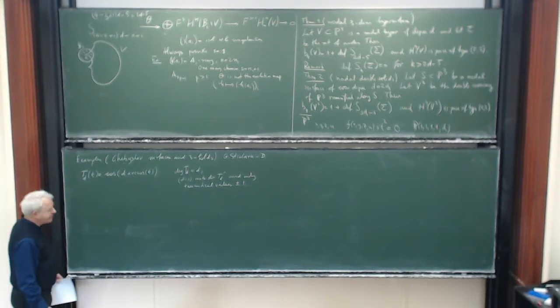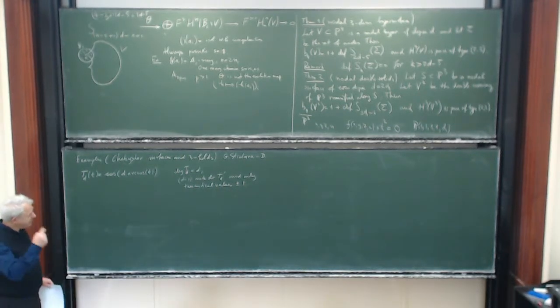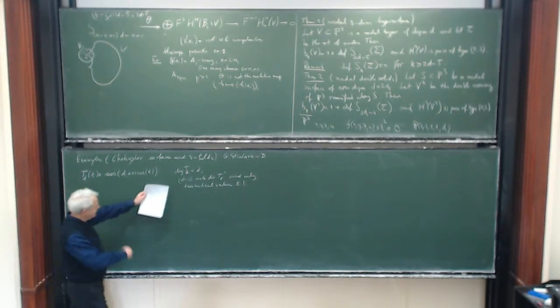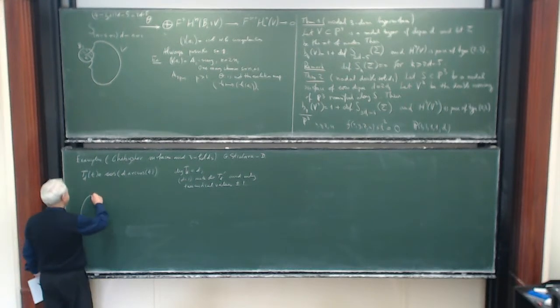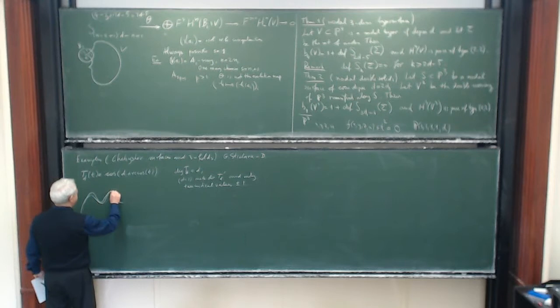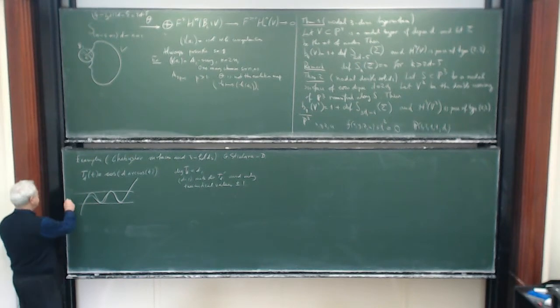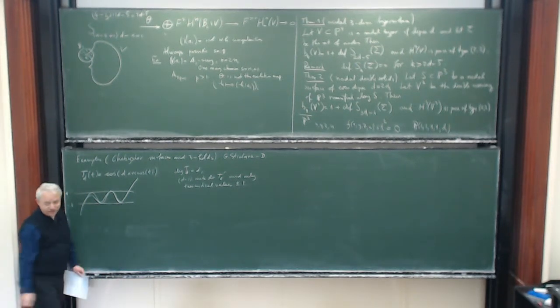So if you like, you can consider this as being some kind of trigonometric function, but in the country of polynomials, right? So it has a behavior a little bit like that, but then it goes to, so this is minus 1, this is 1, and the polynomial will go like that.